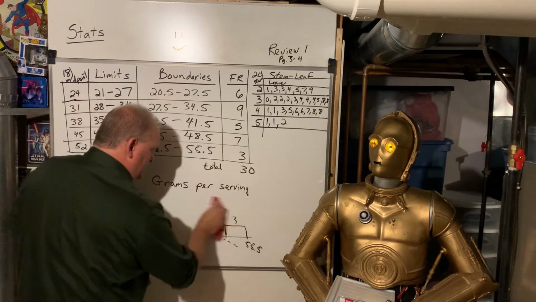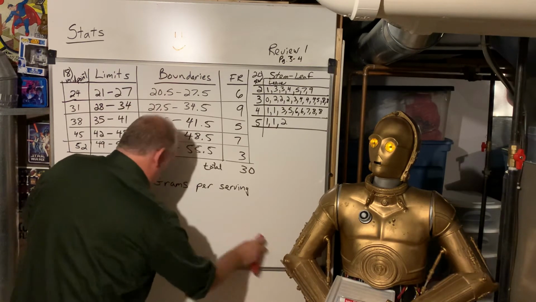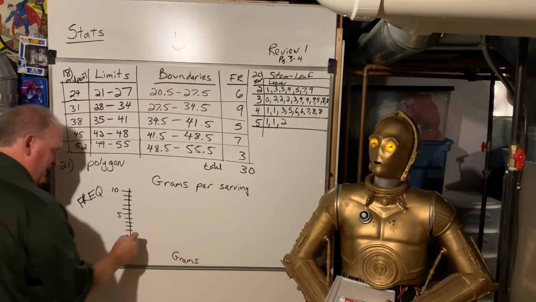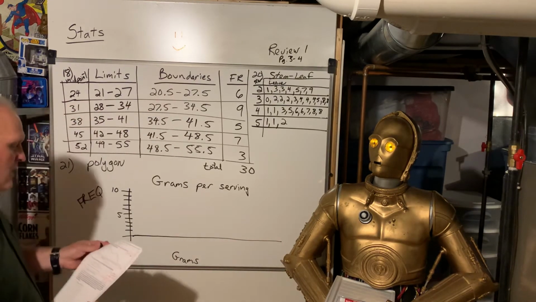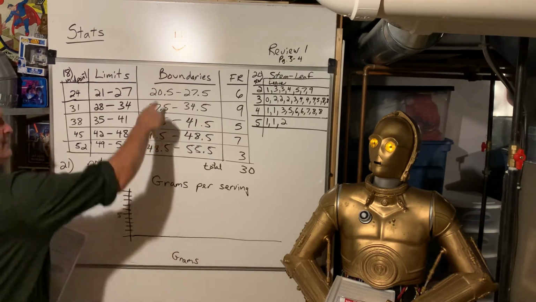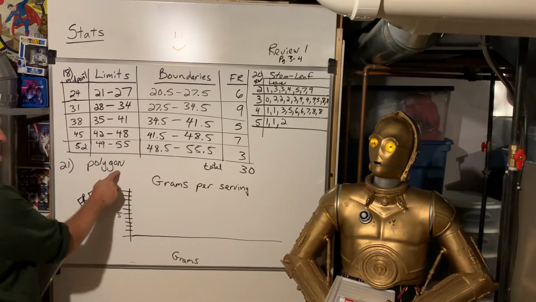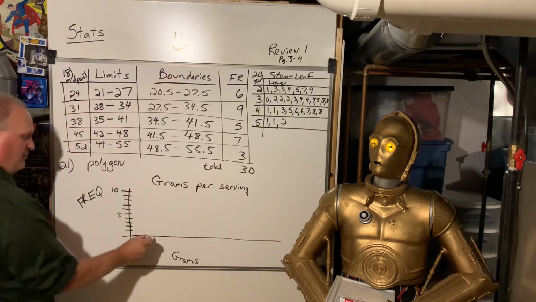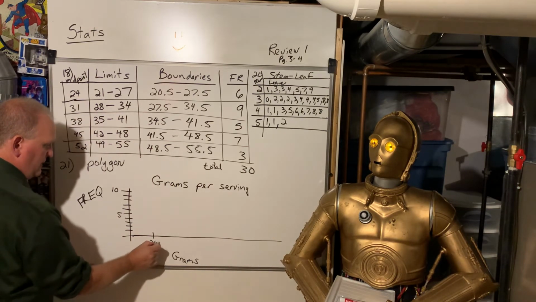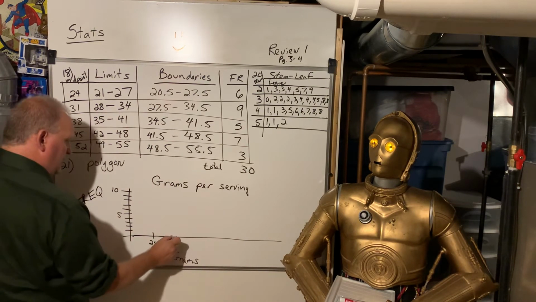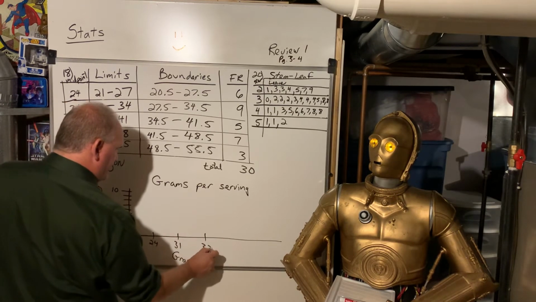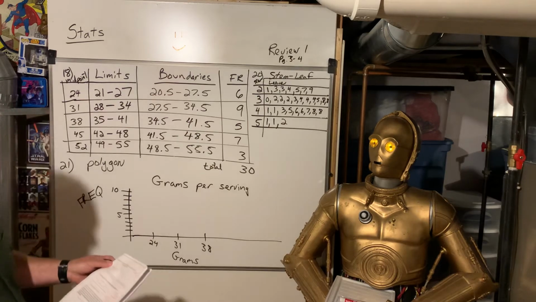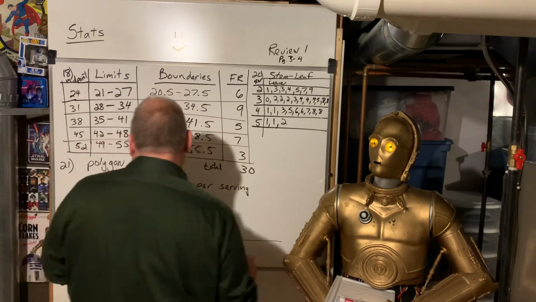Frequency polygons and histograms are going to be the same shape, you just kind of get a different look. And so now, instead of doing the boundaries for frequency polygons, we do the midpoints. So you put down 24, you put down 31, you put down 38, we put down 45 and 52.